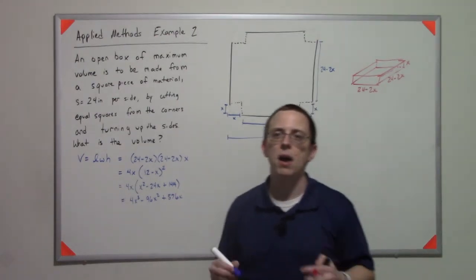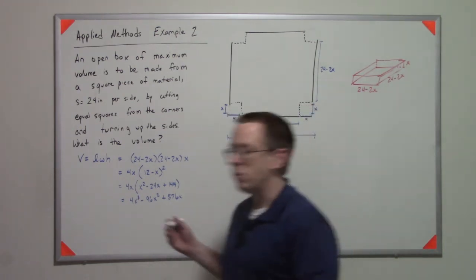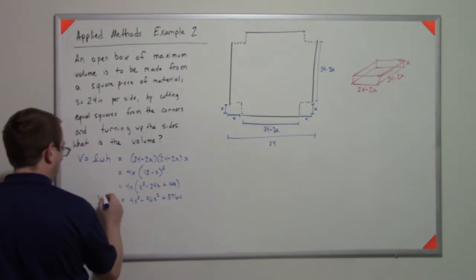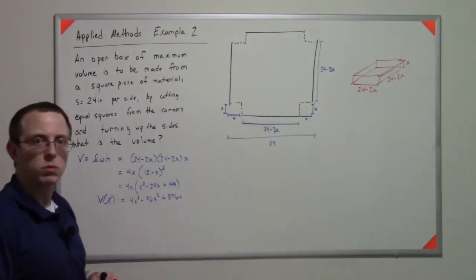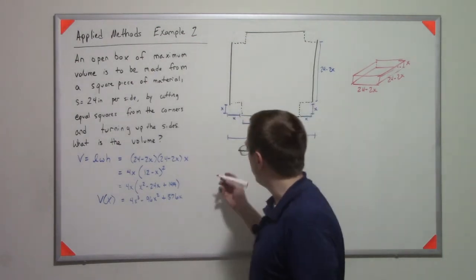Now we have to figure out how to maximize this thing. Well, I now have a volume in terms of one variable. So if it's in terms of one variable, I can take the first derivative.